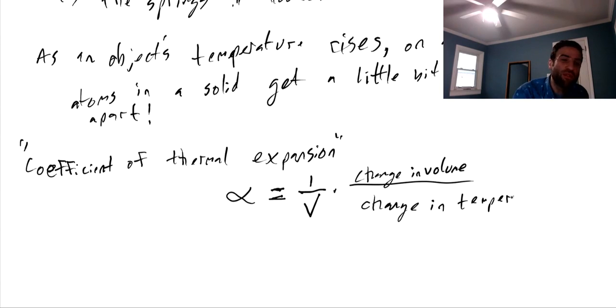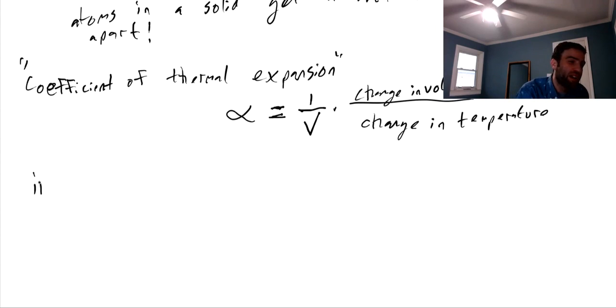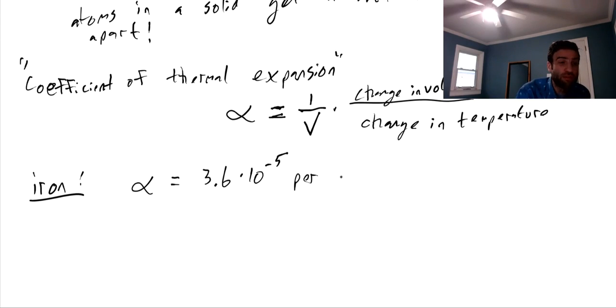And let me just give you an example of this. For instance, iron. I looked this up just before we started. Iron has a coefficient of thermal expansion of about 3.6 times 10 to the minus 5 per degree Kelvin.